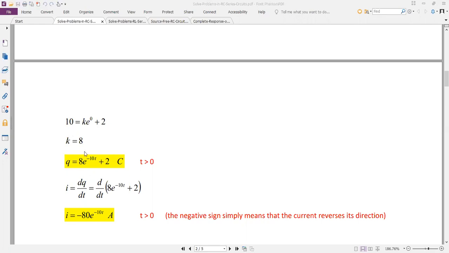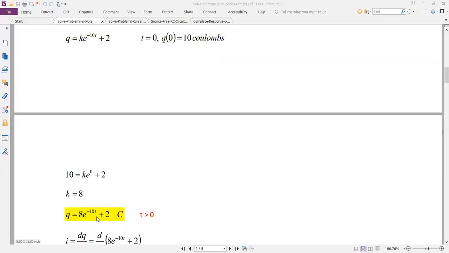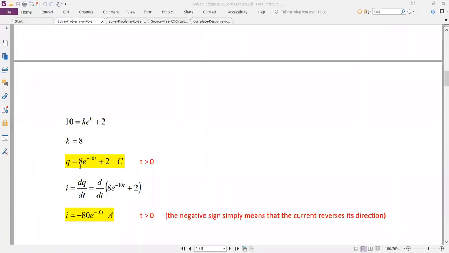So where is this coming from? Actually, it came from this one wherein we already substituted the K, which is 8 in here. But that should be 8 times C in this case. So for the current, you have it as equivalent to the derivative of the Q with respect to time.